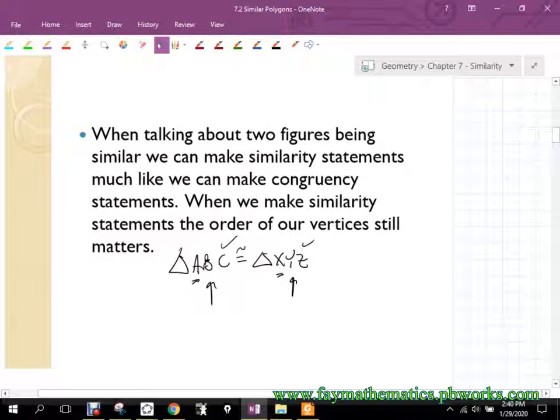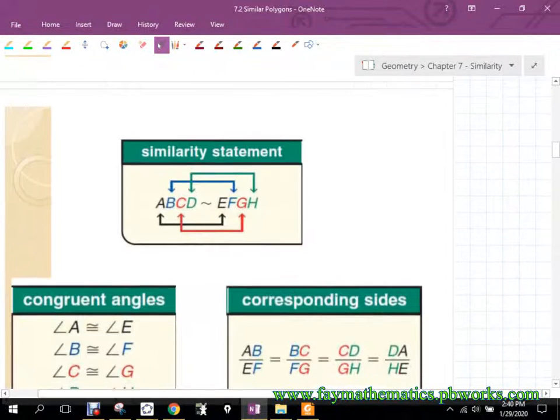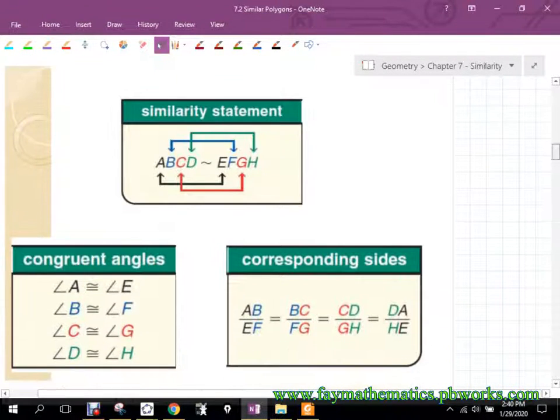The same thing exists when we talk about similarity, okay? We need to understand that the order cannot just be haphazard when you name them, okay? There has to be a process for naming these things. First thing I want to talk about first, the shapes here I'm dealing with are both quadrilaterals, four points here.